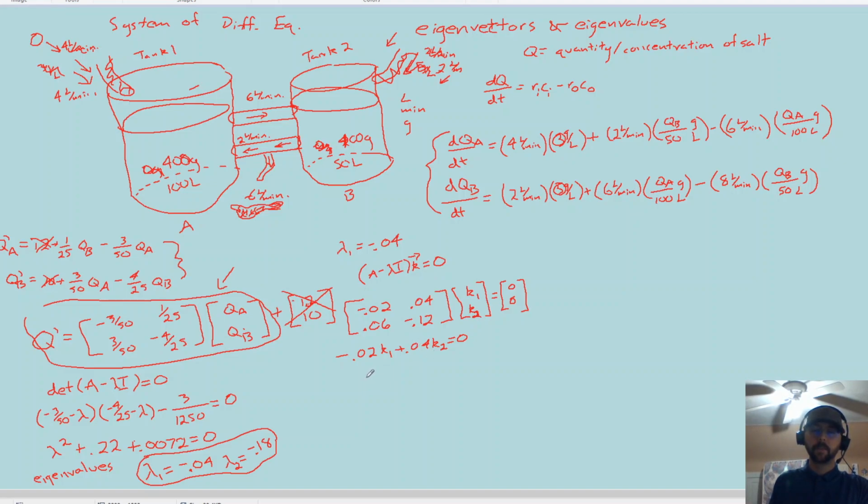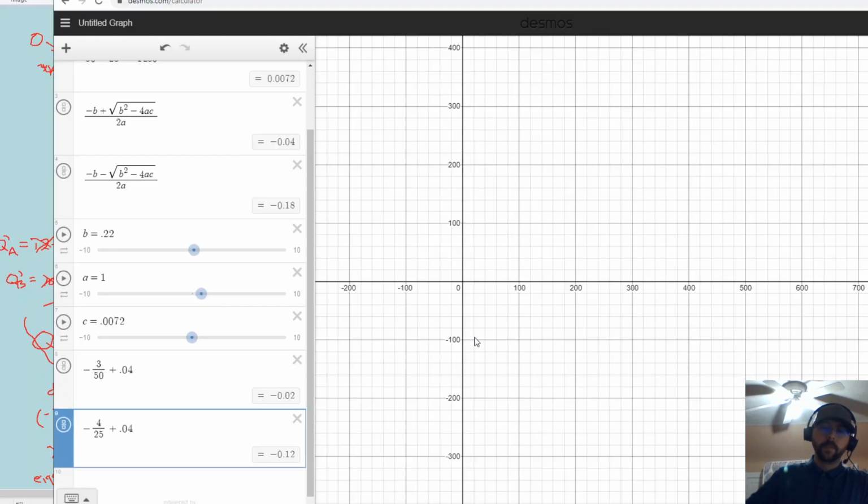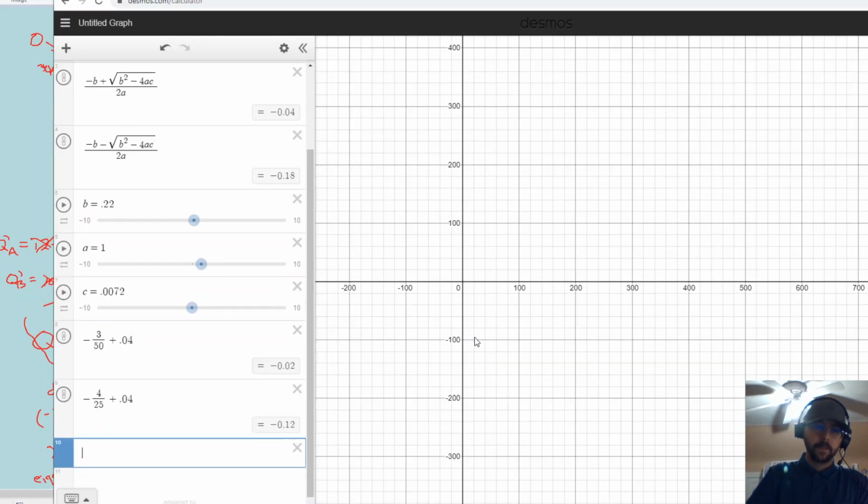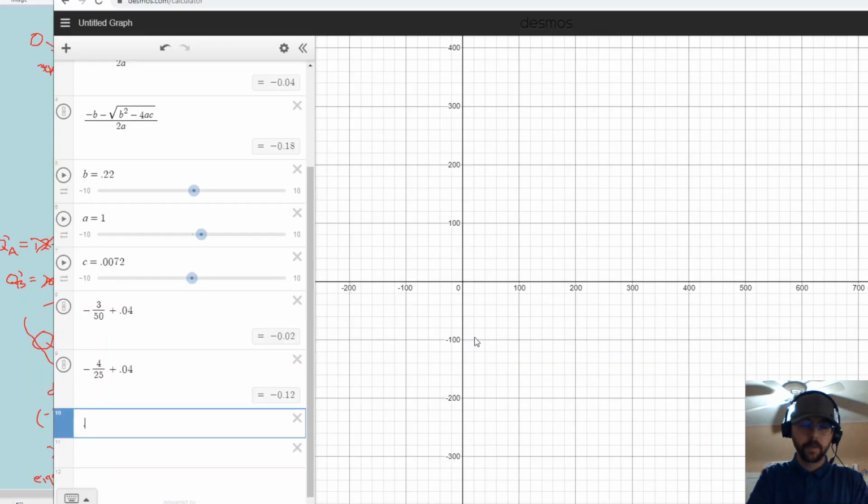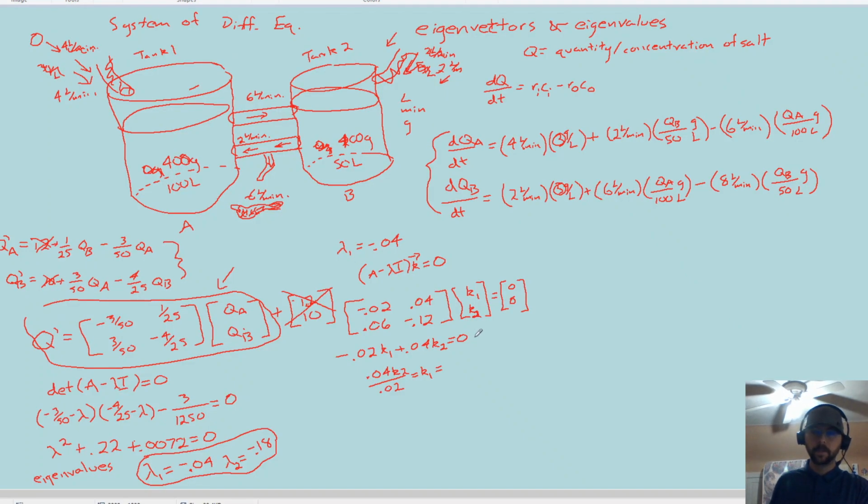So we're going to get 0.04 k2 divided by 0.02 equals k1, which equals 0.04 divided by 0.02. Should be 2. 0.04 divided by 0.02 is 2. So what we have then is k1 equals 2.